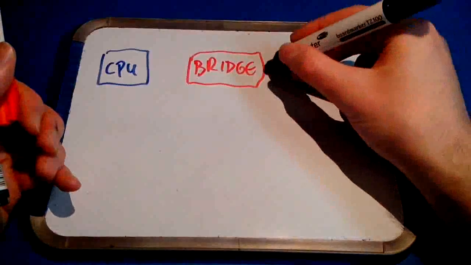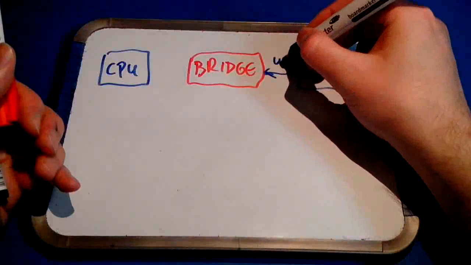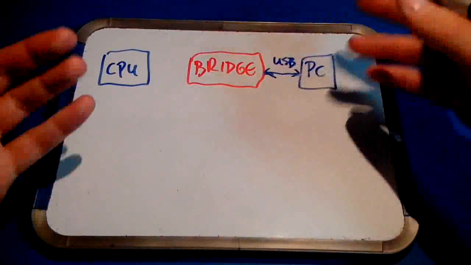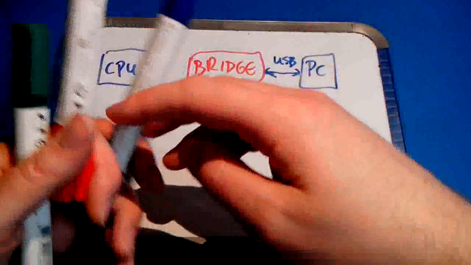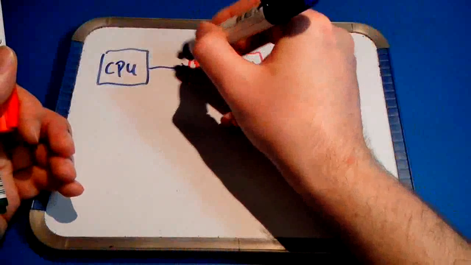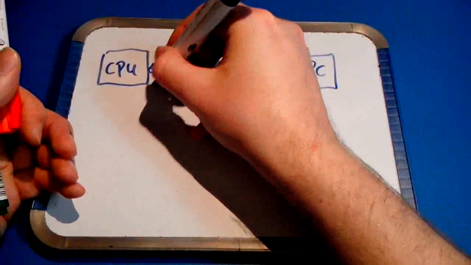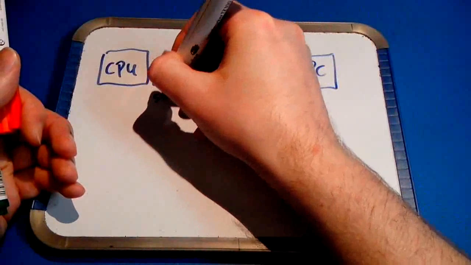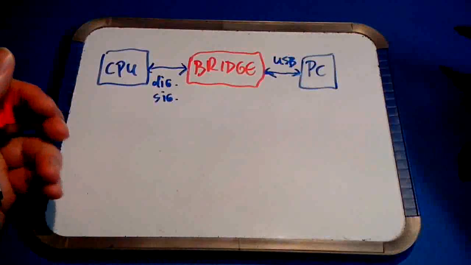As you saw just now, between the PC and the bridge is a USB channel. It's actually a serial channel. It has nothing to do with USB. It's just modern PCs don't have serial ports anymore, so I use USB. It's so much simpler. And between the CPU and the bridge there are digital signals, right?